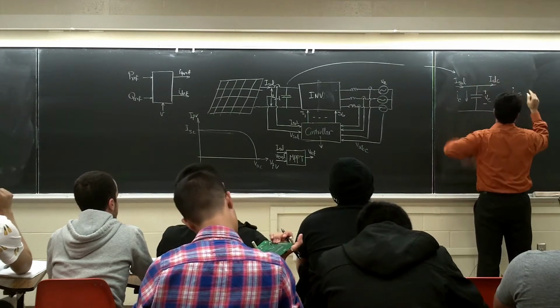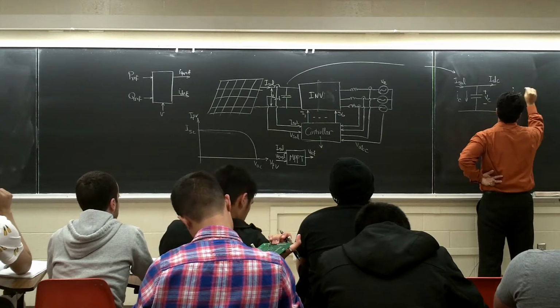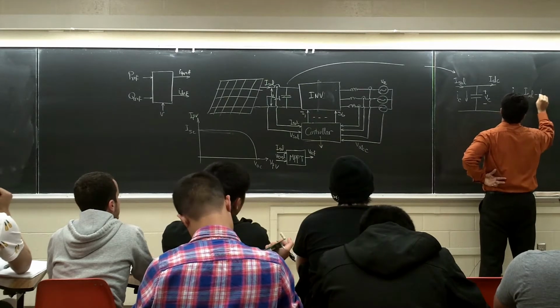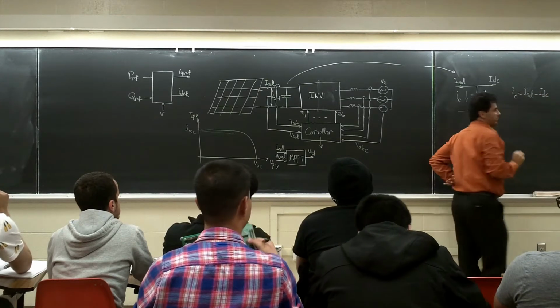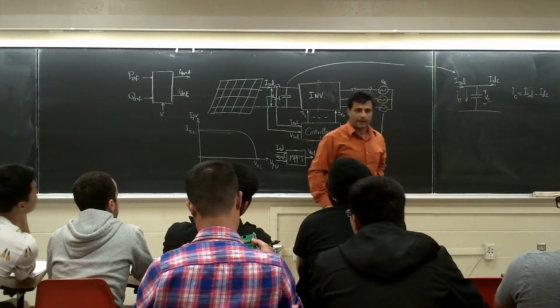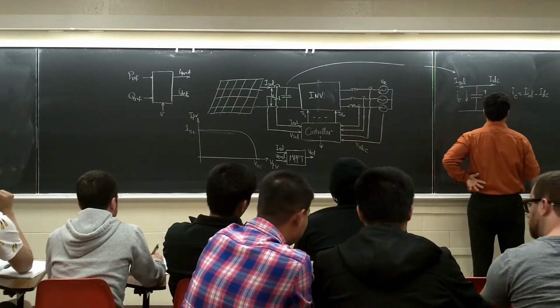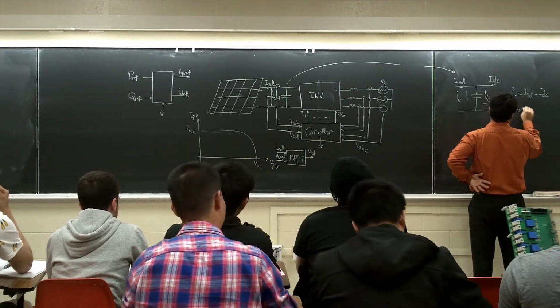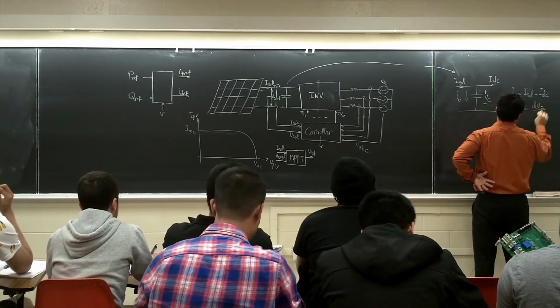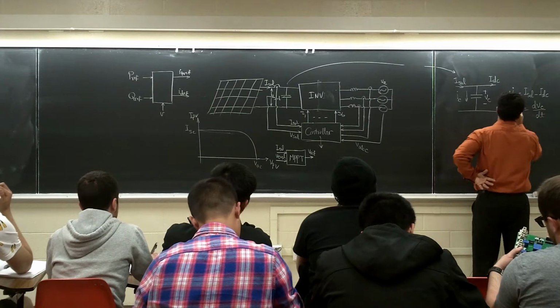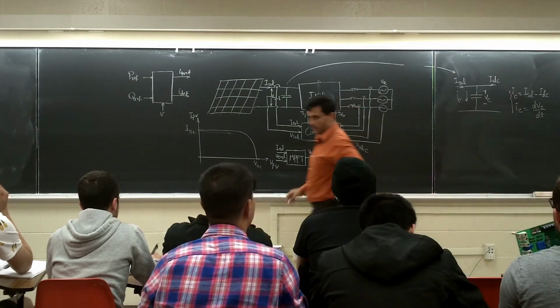And then this one is coming. This is I sol minus IC, right? And we know for a capacitor, C dVc over dt, right?